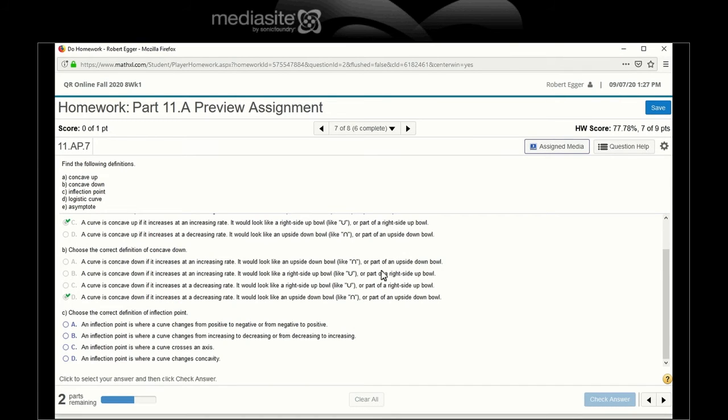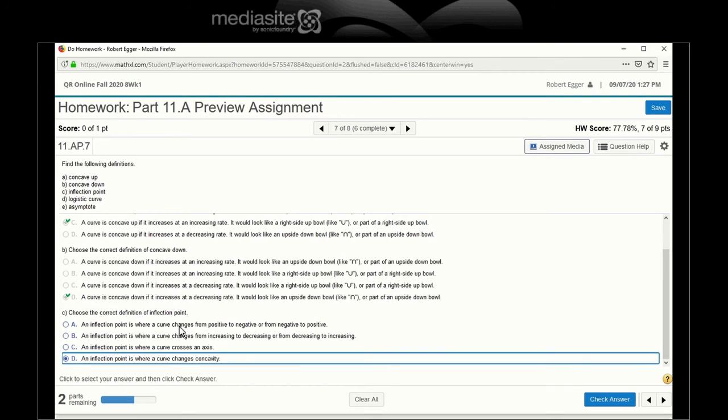Choose the correct definition of inflection point. Inflection point is where a curve changes from positive to negative or negative to positive. Inflection point is where a curve changes from increasing to decreasing or from decreasing to increasing. An inflection point is where a curve crosses an axis. An inflection point is where a curve changes concavity. That's the big thing.